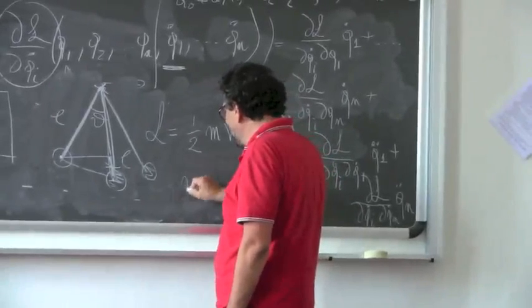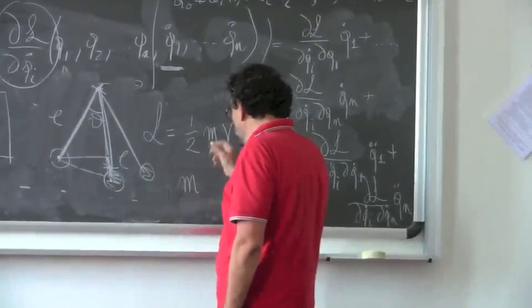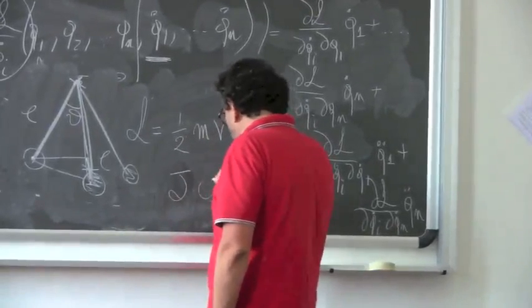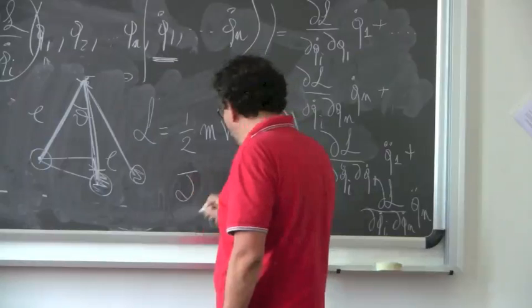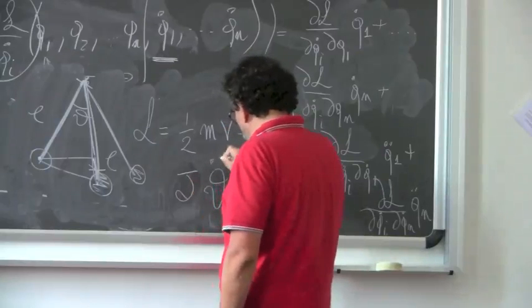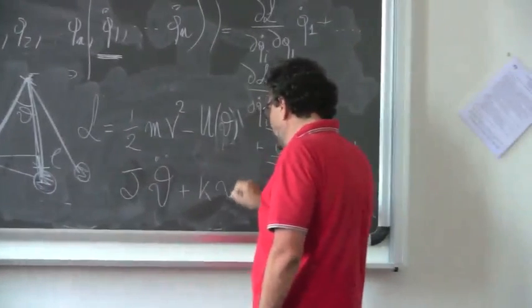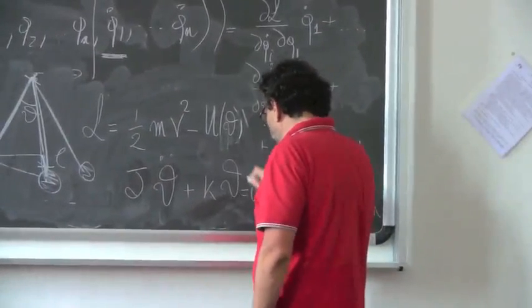What you have is that mass, a coefficient J, theta double dot plus another coefficient K theta equals 0.